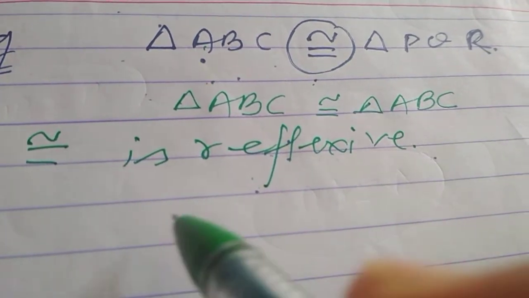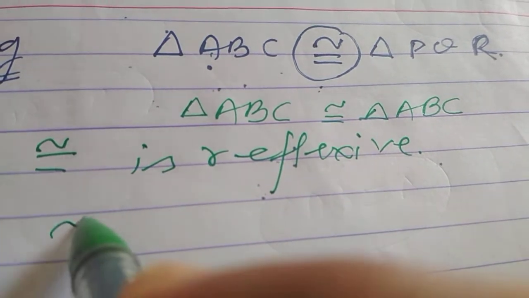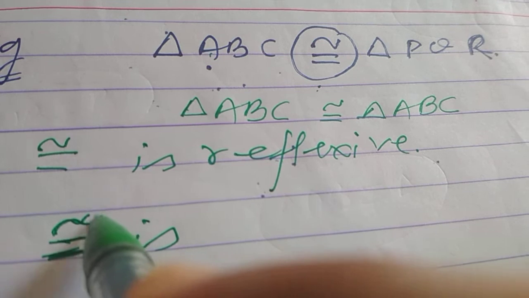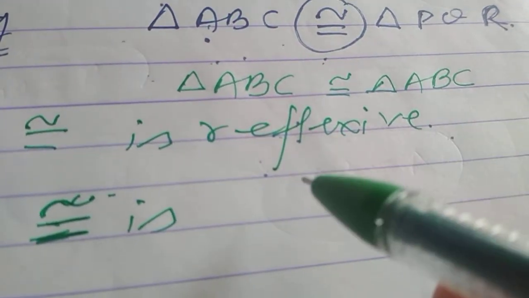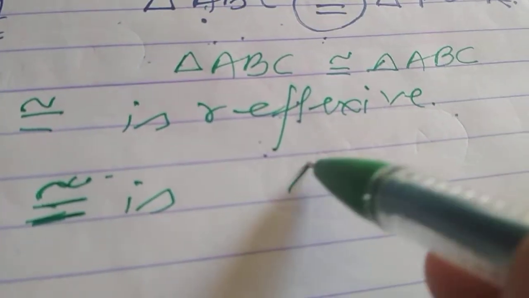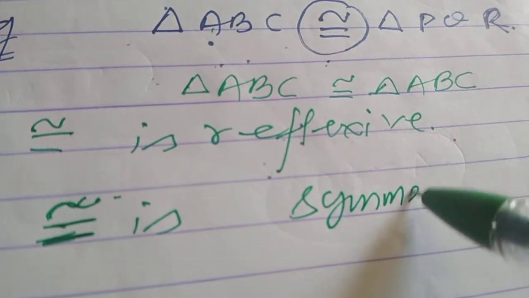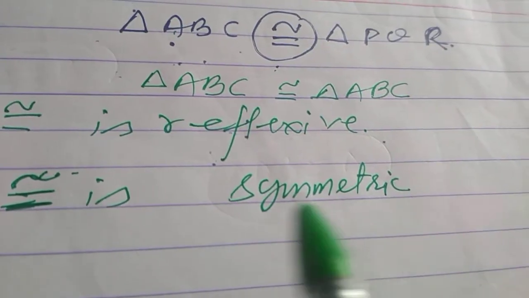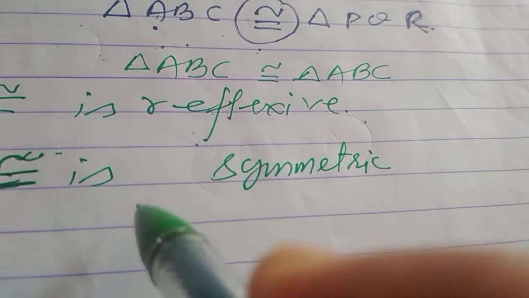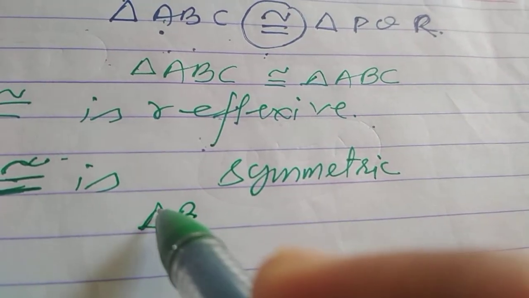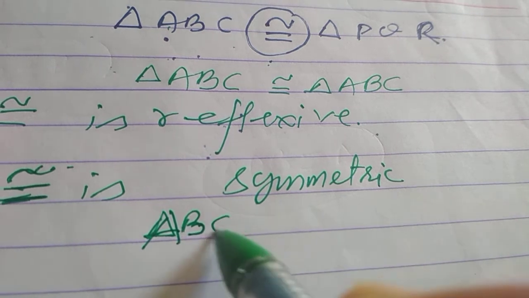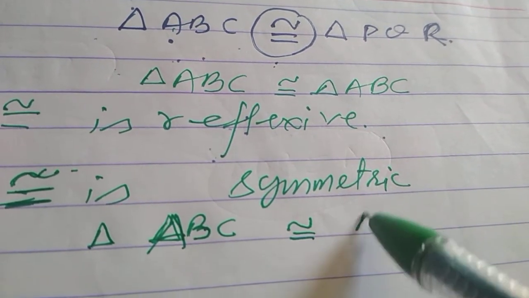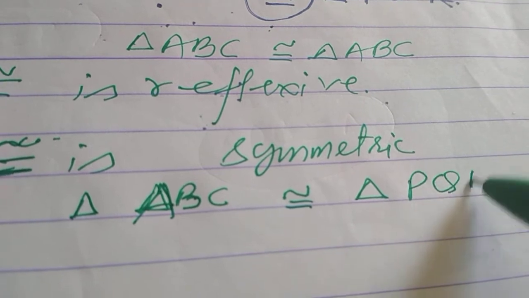Then I will say that the congruence relation is, for example, symmetric. Symmetric means, suppose triangle ABC is congruent to triangle PQR.